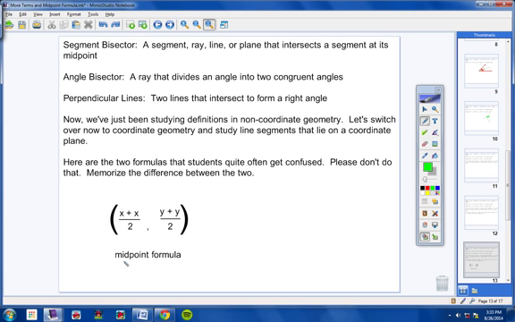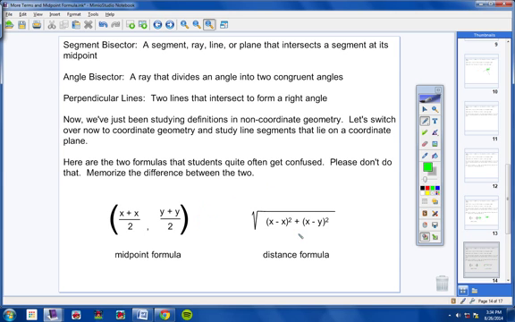That's why it's called the midpoint formula. If I tell you here's a point and here's a point, we'll say (1, 2) and (5, 3), how do you find the middle point right here? You use this formula. This formula helps you find the midpoint when you're given two coordinates on the coordinate plane.